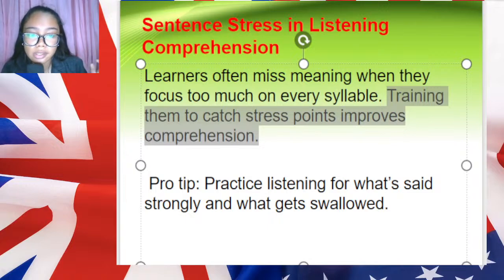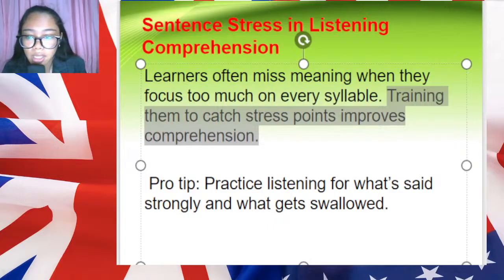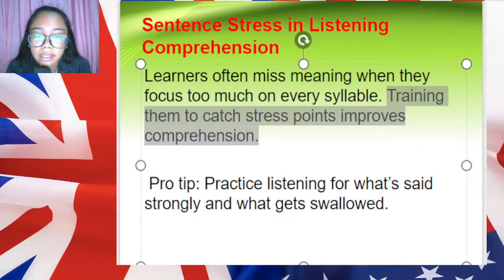Stressed words are the signposts, basically, of meaning in a sentence. They guide you to the most important information. So here's a pro tip, as the slide says. Practice listening for what's said strongly and what gets swallowed. So, what does get swallowed mean? It refers to those unstressed words, usually function words, right?